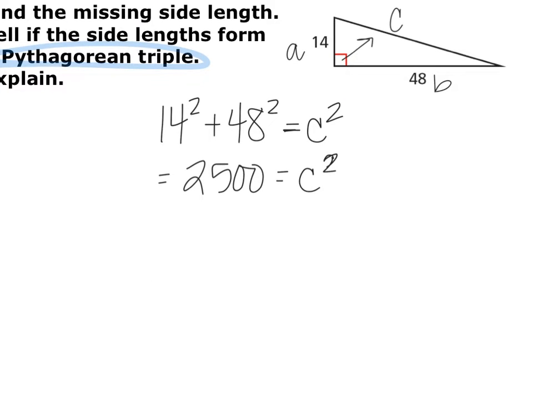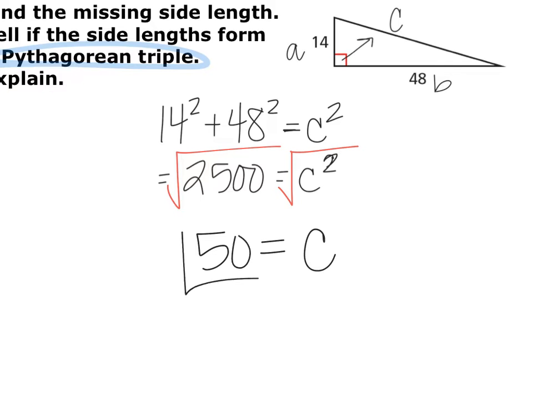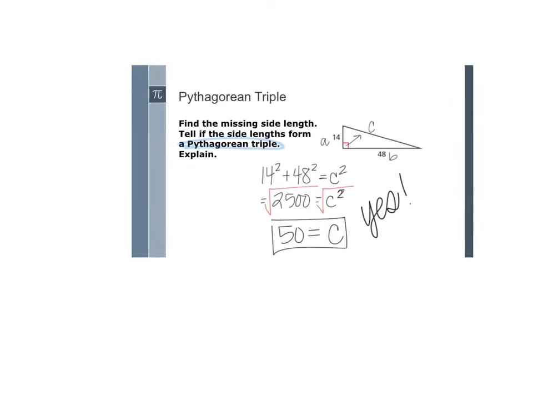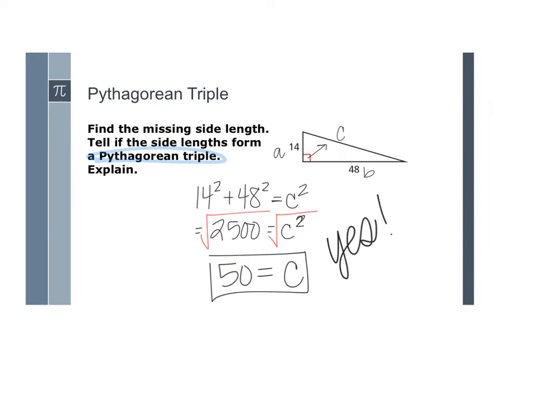And to see if this is an actual Pythagorean triple, we take the square root of both sides. The square root of c squared is just c. The square root of 2500 is 50. So is this a Pythagorean triple? Yes, it is, because it does not give you a decimal when you solve for it.